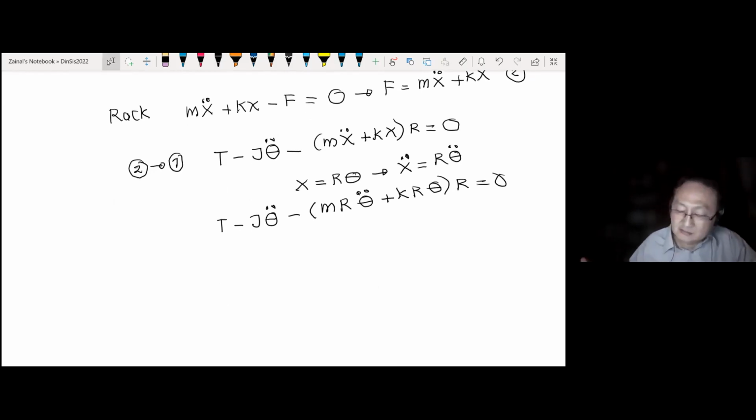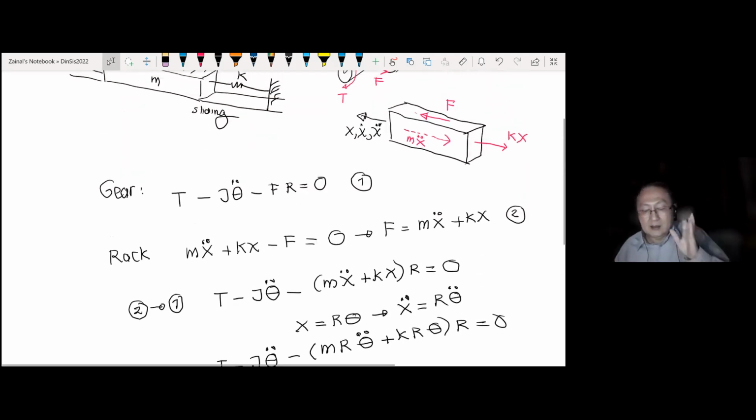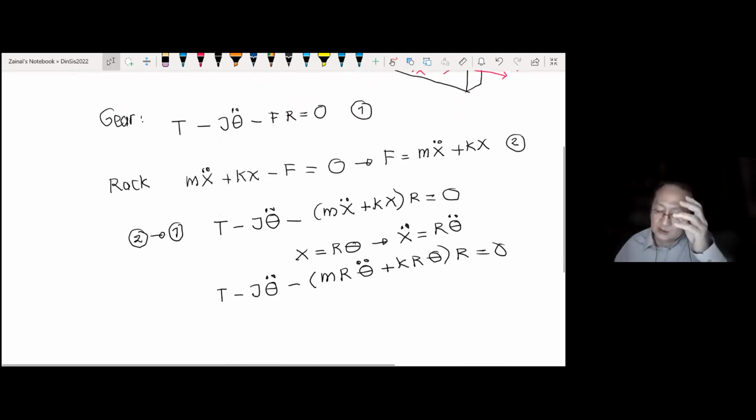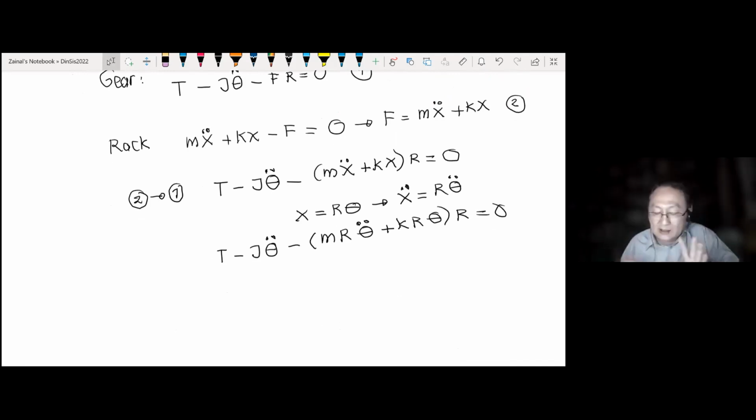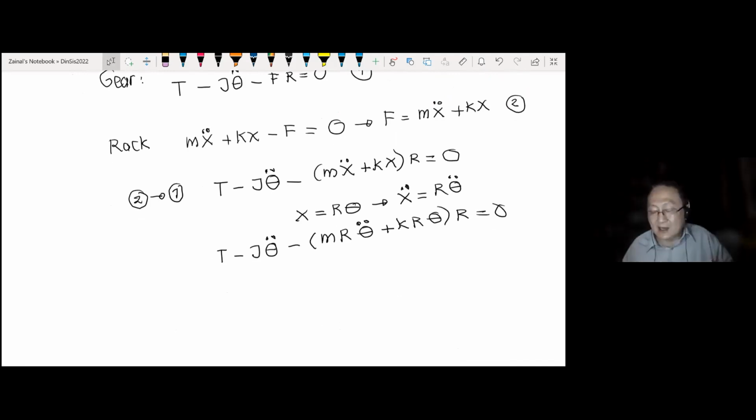So instead of substituting in theta, you can also substitute in x. In this one, move this one there.